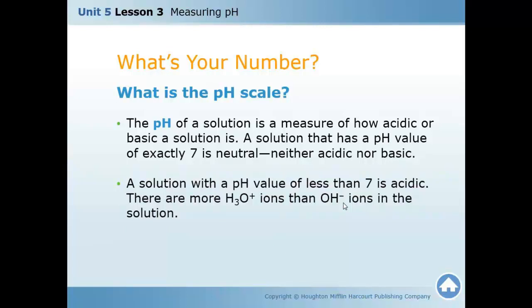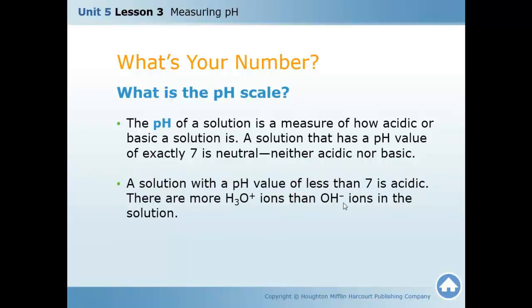What is the meaning of the word acidic? We know from the previous lesson that an acidic solution contains more hydronium ions than hydroxide ions. So, a solution with a pH value less than 7 will be acidic. In the first case, a solution with a pH equal to 7 is neutral.